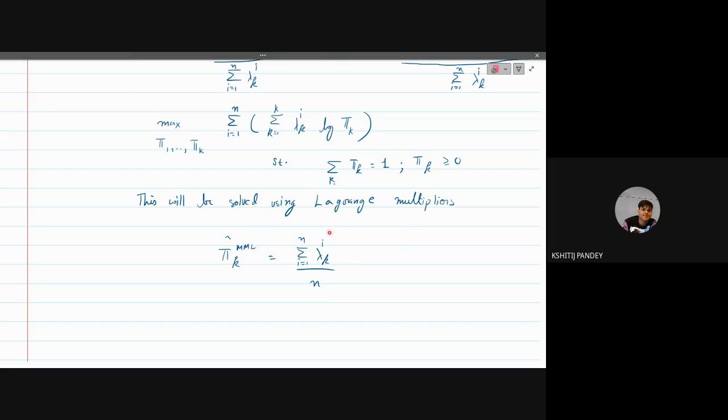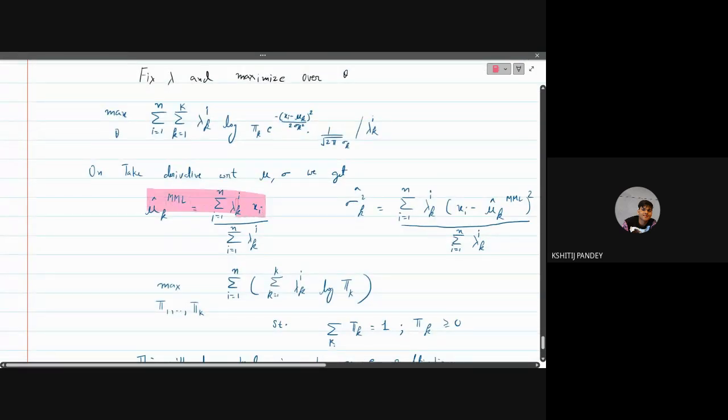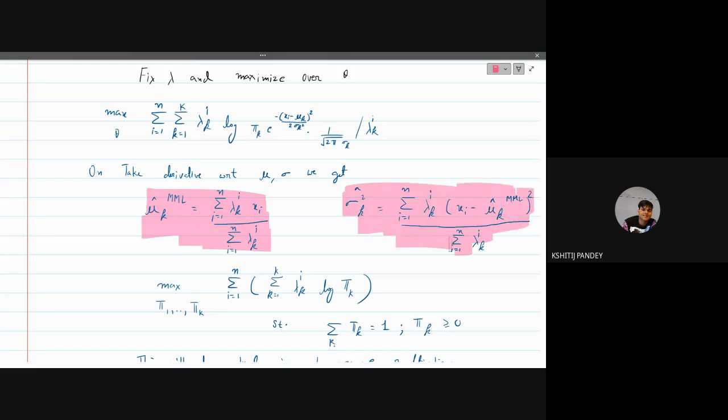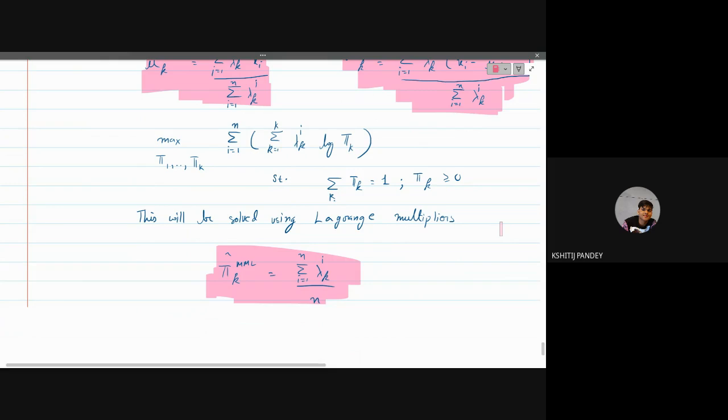This can be interpreted as the proportion of points coming from mixture k. These formulas are very important, the formula for mu k and the one for sigma k square hat. Yes, any problem here? Hello?